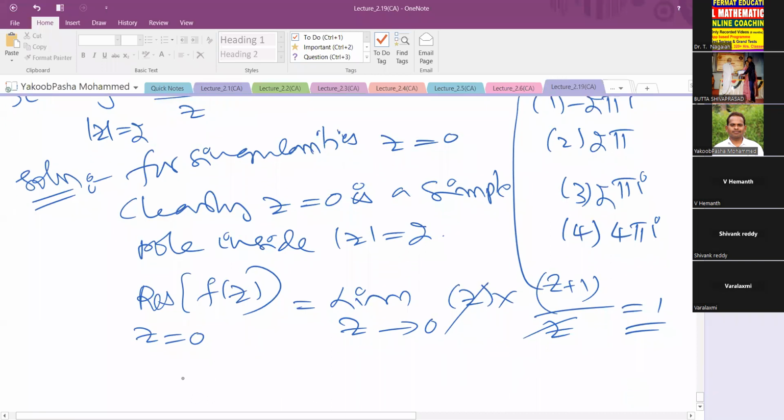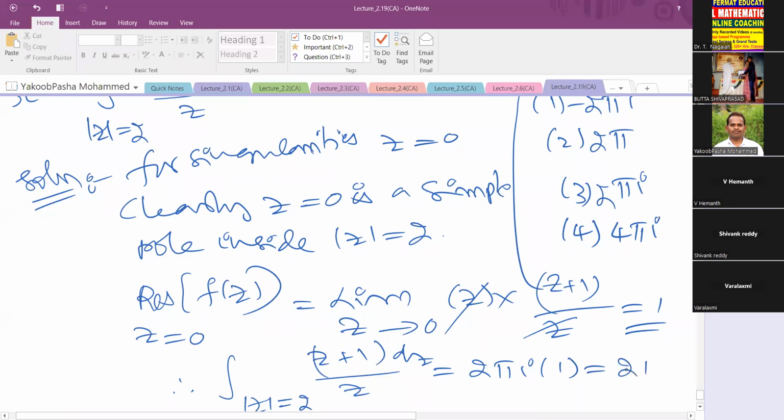But the integral over modulus of Z is equal to 2 of (Z plus 1) dz by Z is equal to 2 pi I times 1, that is nothing but 2 pi I. So the third option is correct. Okay, this is the 2021 SET paper.